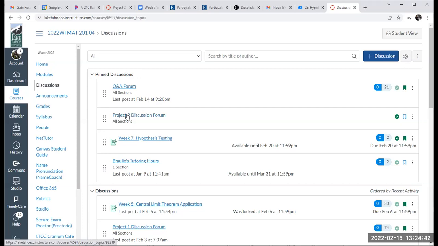Whereas if it's something personal, then you can email me. So if you got COVID and you needed extra time on an assignment, you don't post that, you email me, and I'll make that happen. But things like, will this hypothesis work? Here's my H naught and H1. That's something that's going to help everyone, and it's not personal. Any questions on that?